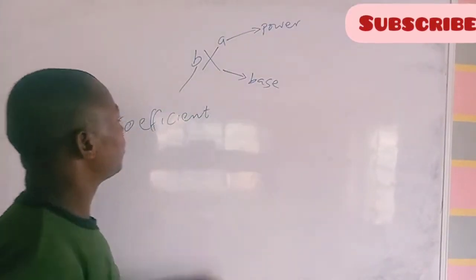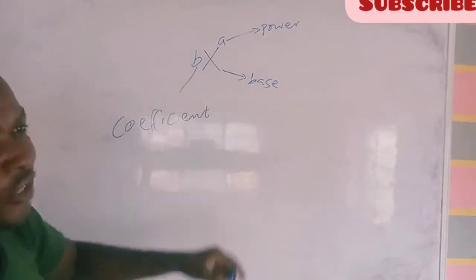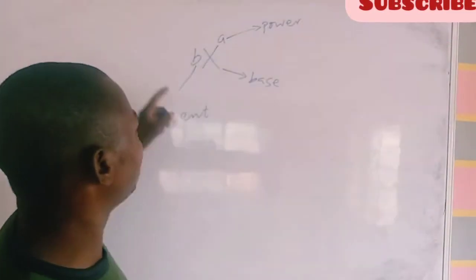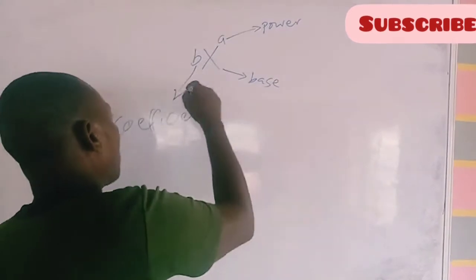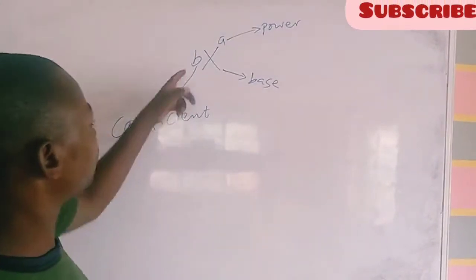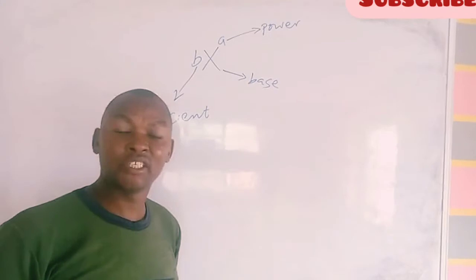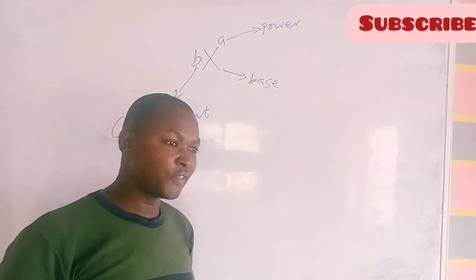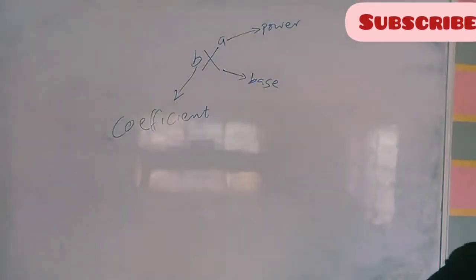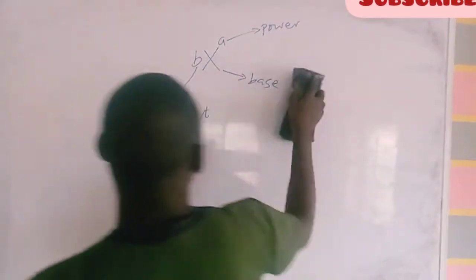Okay, so x is the base, a is the power, and b is the coefficient sometimes. So if there is no b there, that means the coefficient is 1. It's an expression because there's no equality sign on it.